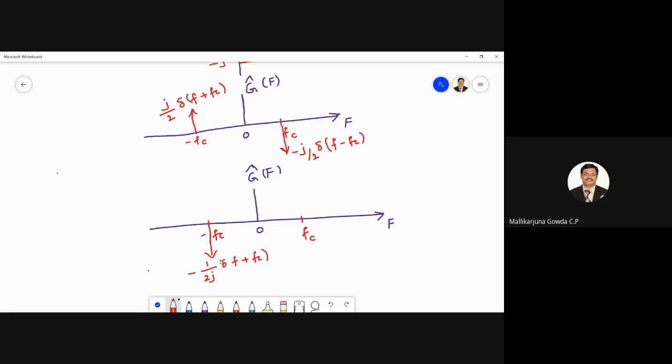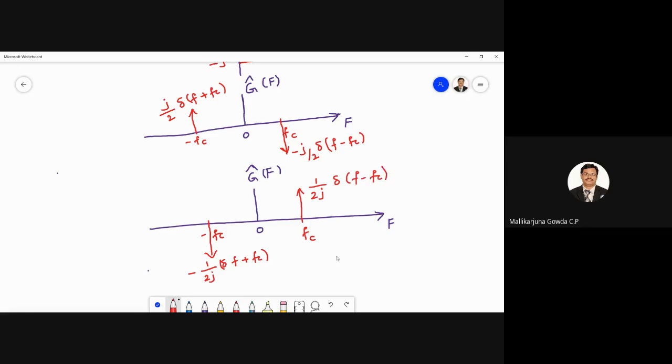And this one I can write with positive magnitude as 1 by 2j del of f minus fc.